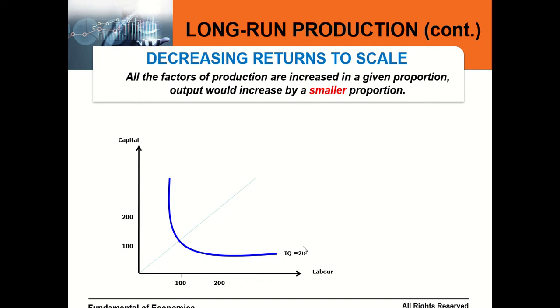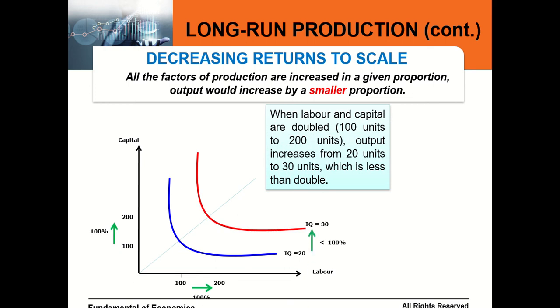The output, the IQ, will increase less than 100%. For example, from 20 it increased to, let's say, 30. So you notice that from 20 to 30 it is less than 100%. How do you know that? Very simple. 30 minus 20, divided by 20, times 100, you will notice the increment here is only 50% in output. However, the input increased by 100%. Therefore, it is called decreasing.